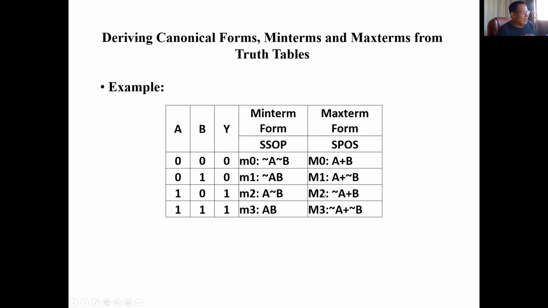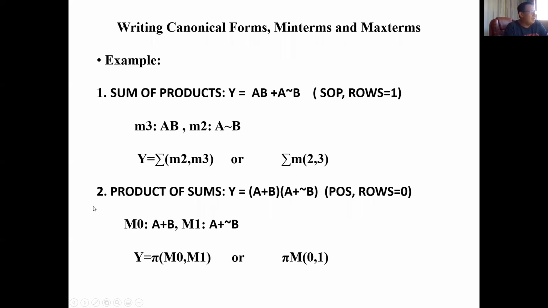Here, we have not A plus B because A is 1 and B is 0. And the last max term is not A plus not B. Now, the max term is usually written as capital M. The min term is small m. So do you know how to write the min term and the max term now? Okay. For example, we have this.